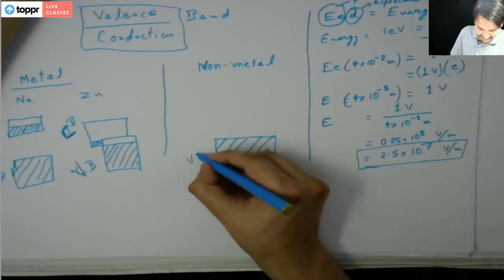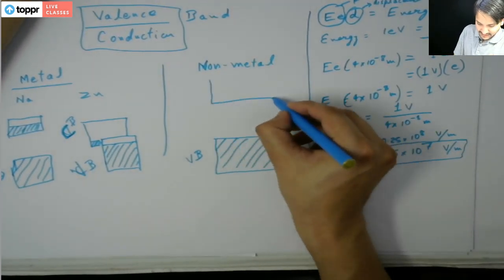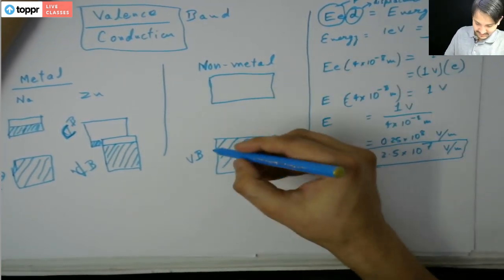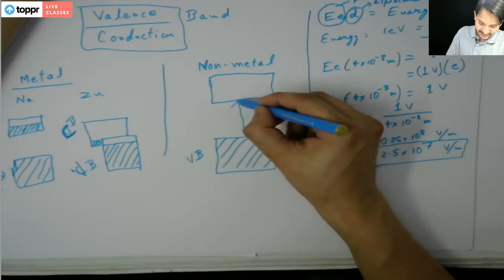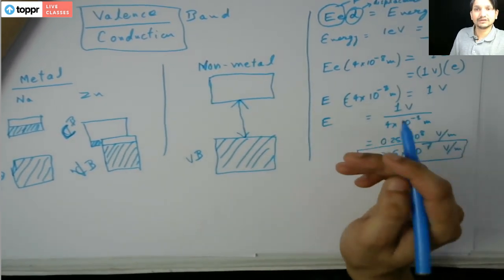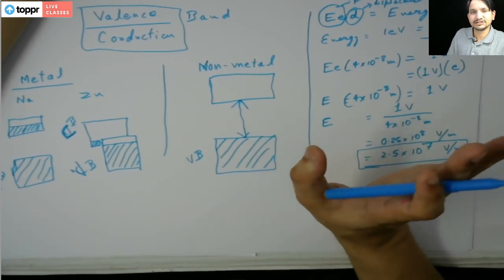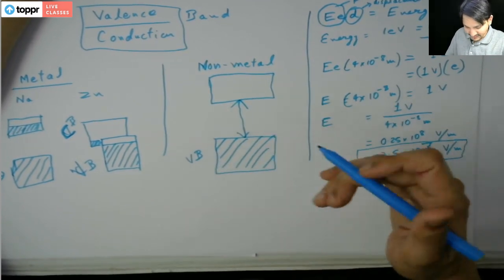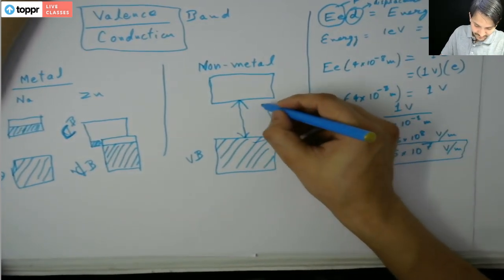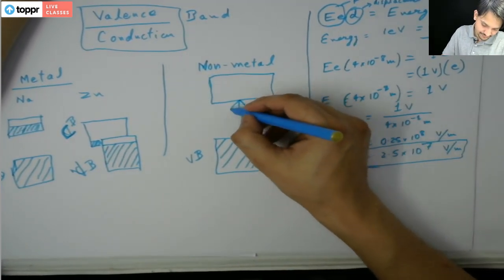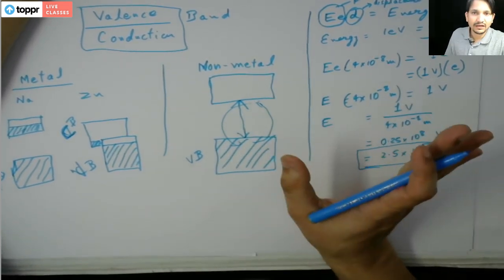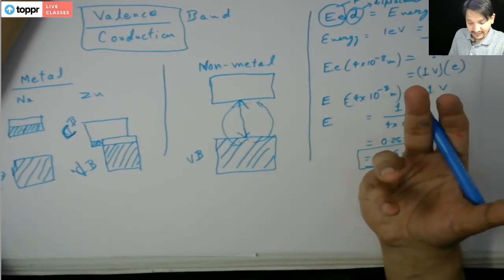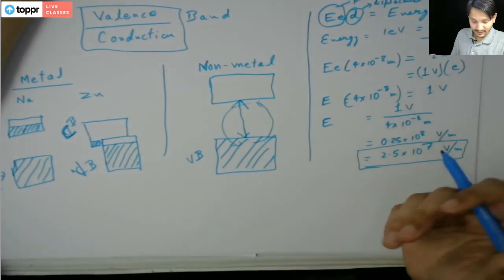So valence band is obviously below and conduction band is above in energy level. So what happens in non-metals? The energy difference is quite high, and even a considerable amount of electric field will not make electrons jump from here to here. So no electricity will flow unless the electric field that is applied is ultra high.